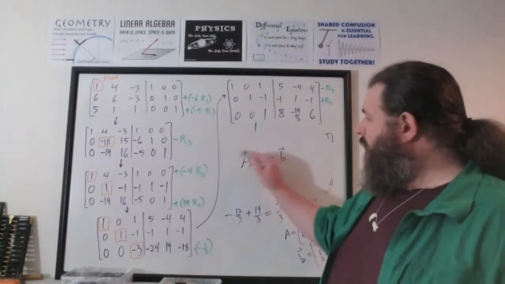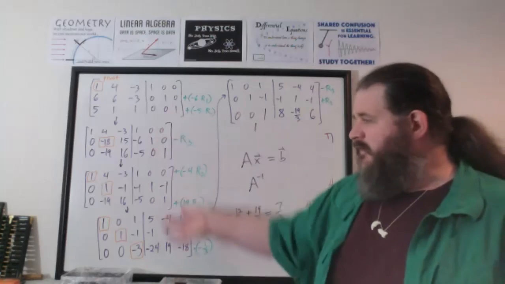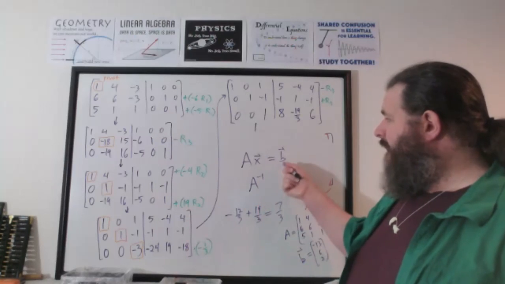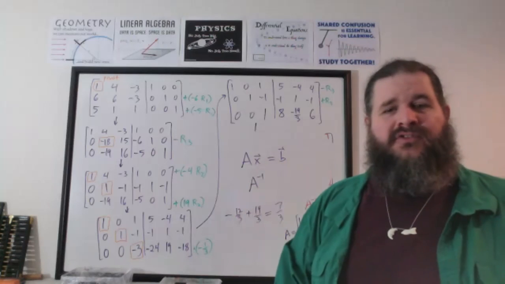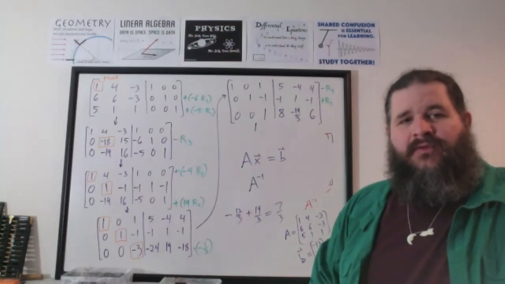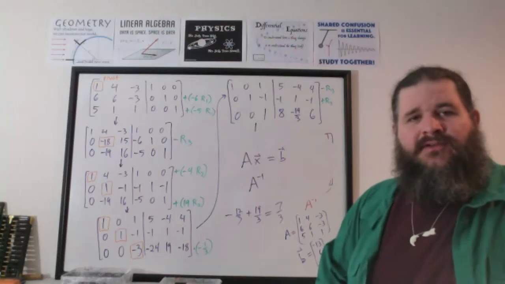But if they all have the same coefficients, you can just find A inverse once using this procedure or a computer, and then multiply A inverse by any B vector to immediately get the corresponding solution for X. So this is very handy if you're solving lots of systems of equations that all have the same coefficient matrix, but just different B vectors.